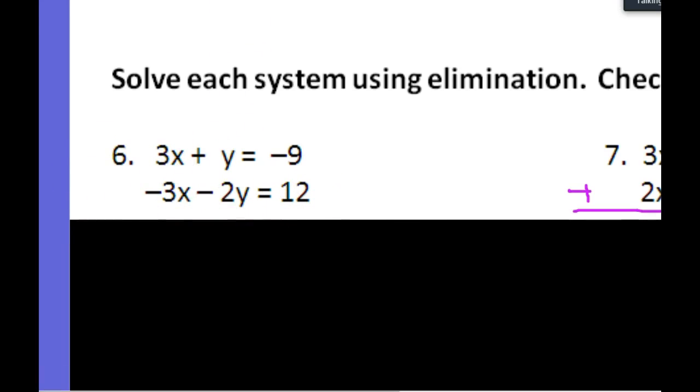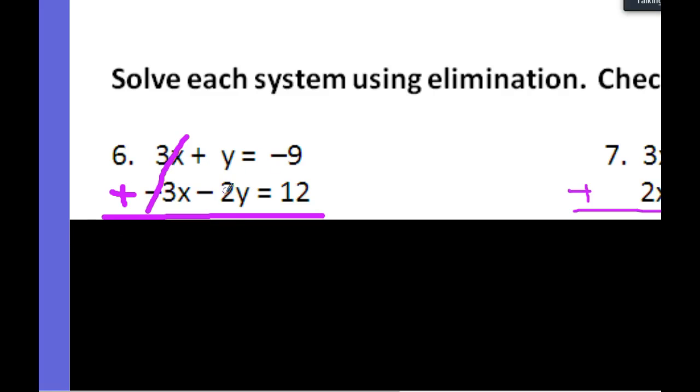So when we add them up and down, what we're going to notice is that 3x plus negative 3x is 0. So they cancel out. You have eliminated, hence the term elimination method, the x variable.